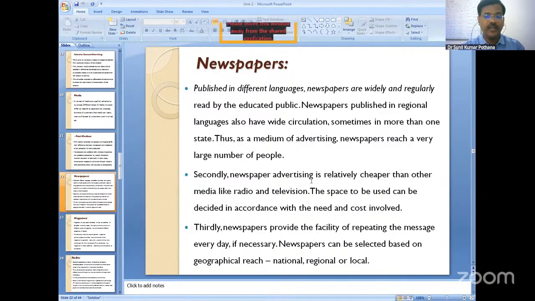Based on the target area, they give advertisements in the local area, at a regional level or national level. Or sometimes, as we have already discussed, global advertising. There are global products like the Rolex watch.